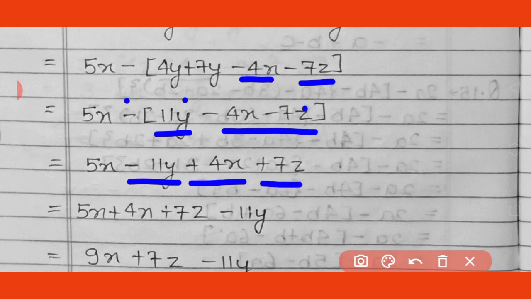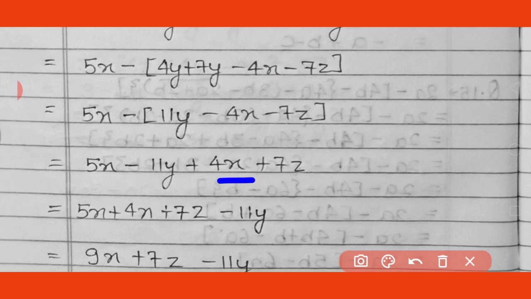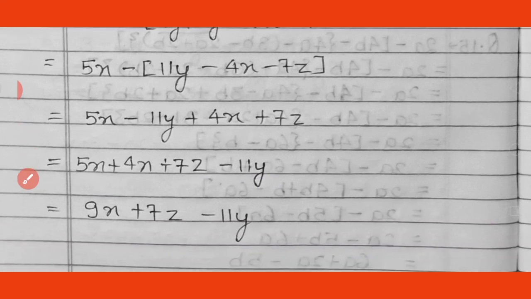We will put together the like terms. 4x and 5x are like terms, so we will put together. 4x and 5x both are positive terms, so they will add and it becomes 9x, and the rest of the terms will remain same because these terms are unlike terms. So its correct answer is 9x plus 7z minus 11y.